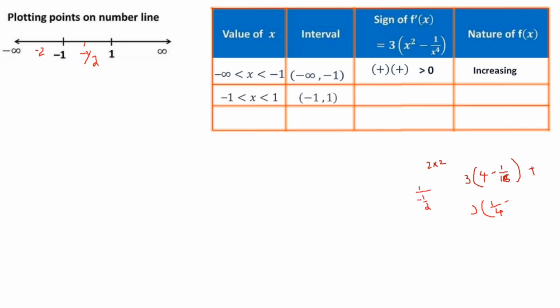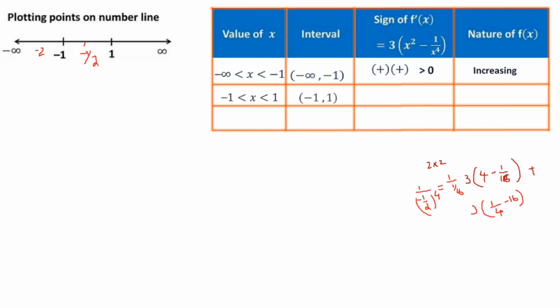Minus 1 by 2 the whole power 4 is 1 by 16. When you take this 16 to the numerator, it comes as 16 by 1, which is 16.